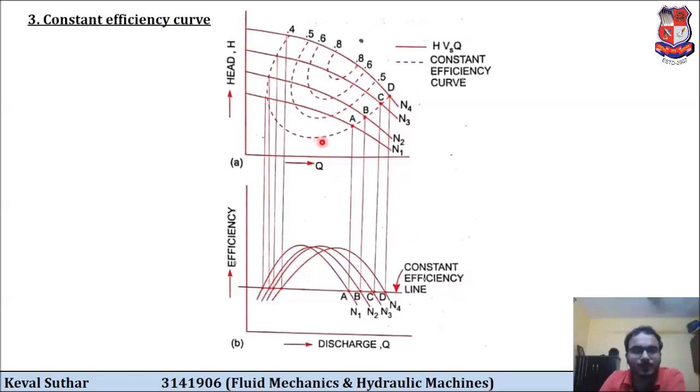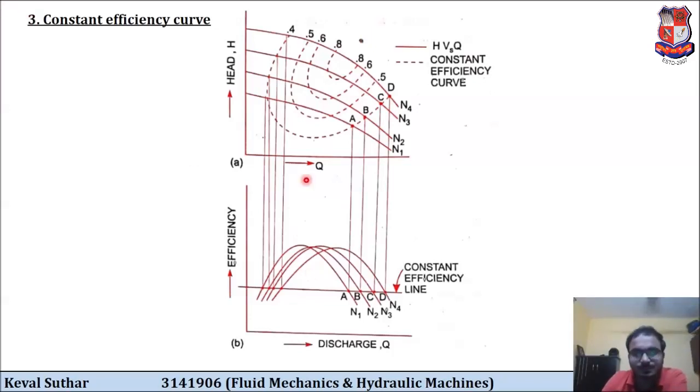Here to obtain the constant efficiency curve, we use two graphs. First is efficiency versus discharge and second is head versus discharge. We have already done one constant efficiency curve in the case of hydraulic turbines, so the same method is followed here for the centrifugal pump.